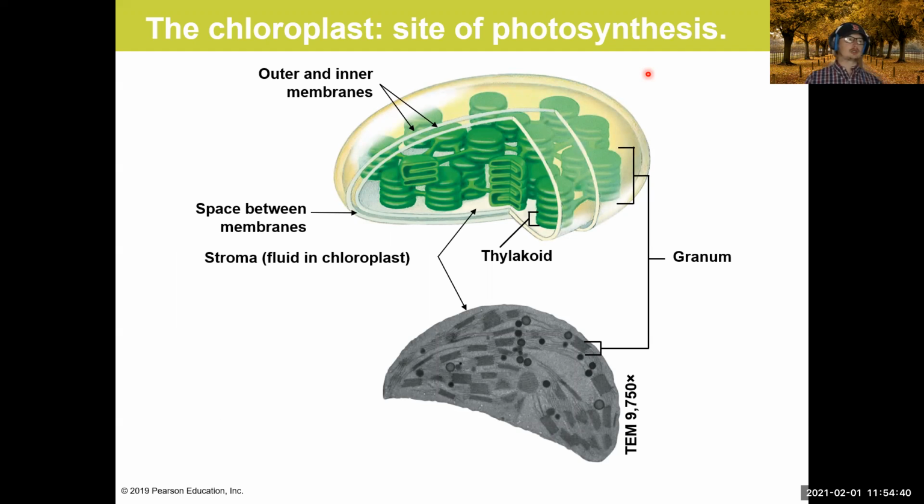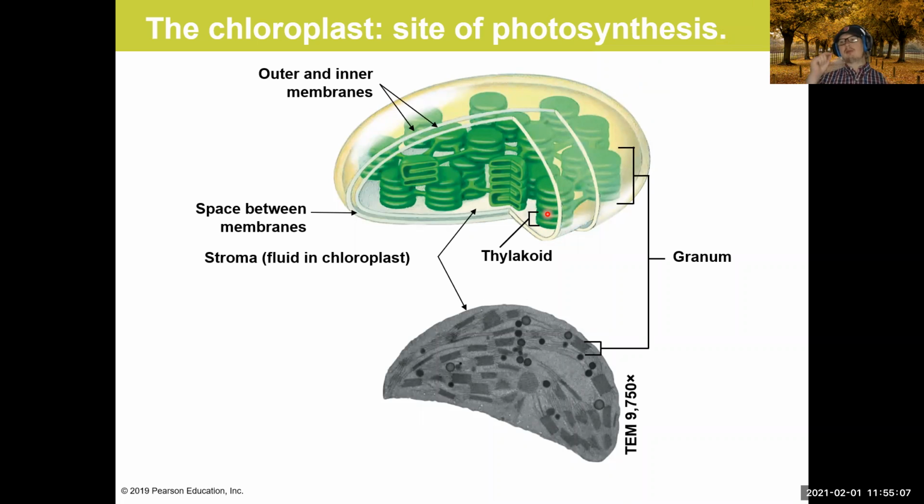is a fluid called the stroma. And the stroma is the fluid inside the chloroplast, so it's in the inner membrane. And then inside the stroma, you'll have these stacks of what looks like pancakes. Okay, so these little things here. The stacks of those pancake-looking structures are referred to as granum.